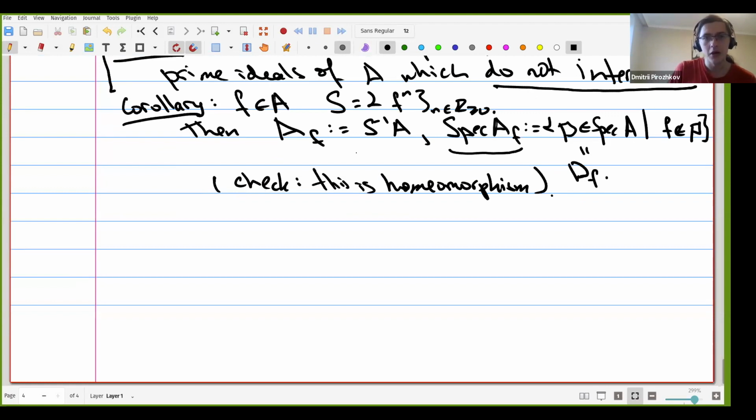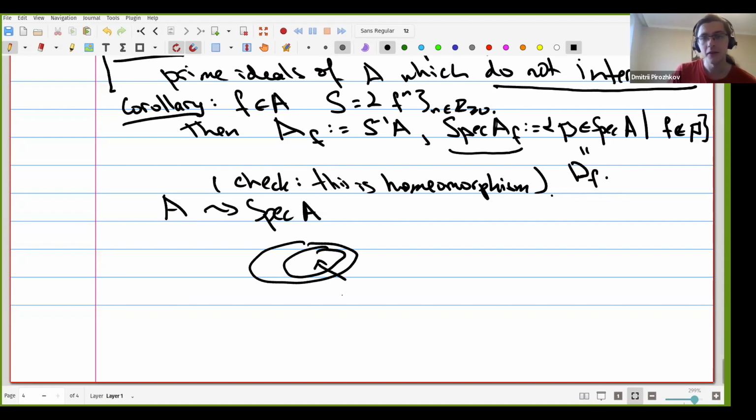So we started with the ring. We have constructed some kind of geometric object that we have called the spectrum, which was just a set of prime ideals with some topology. But then we saw that at least some open subsets of this topological space are not just topological things, they actually correspond to a very precise and very common algebraic structure.